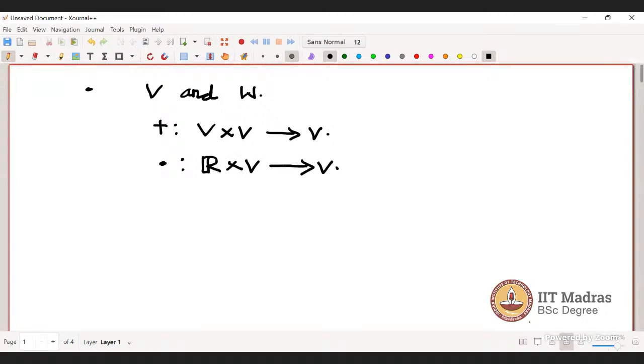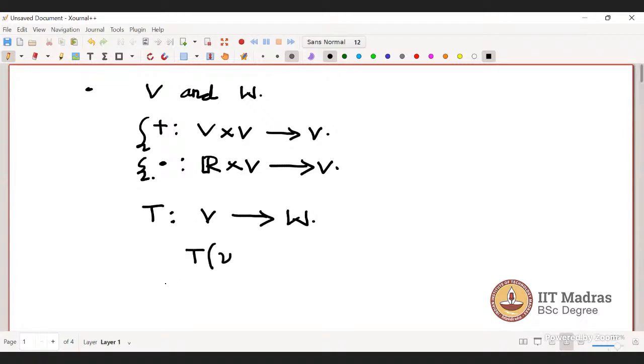So we want a map which preserves both structures. T from V to W is a map which preserves both the addition structure and the multiplication structure. Mathematically, it should satisfy two conditions.